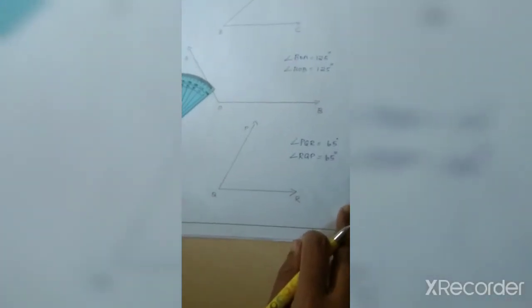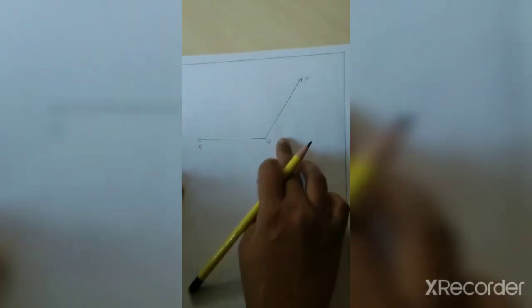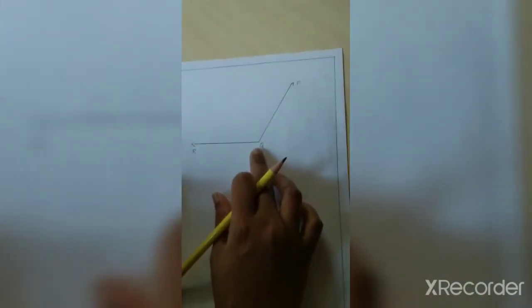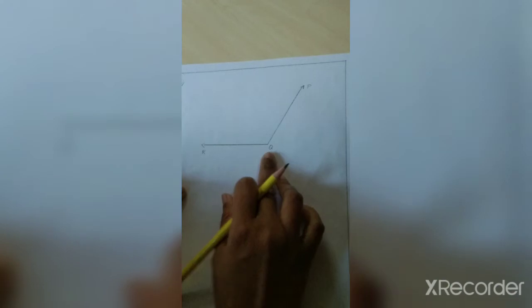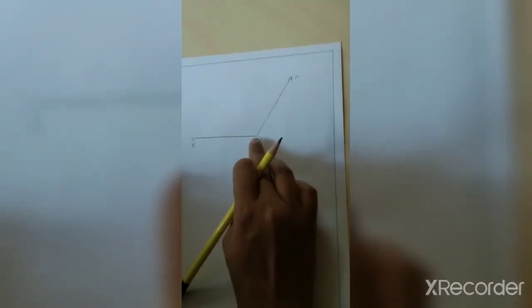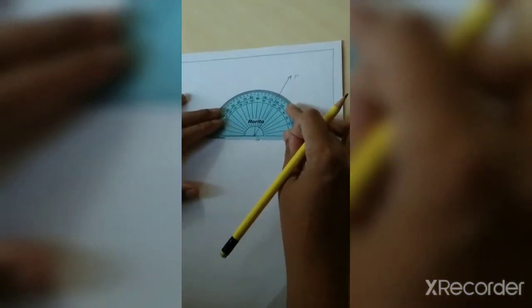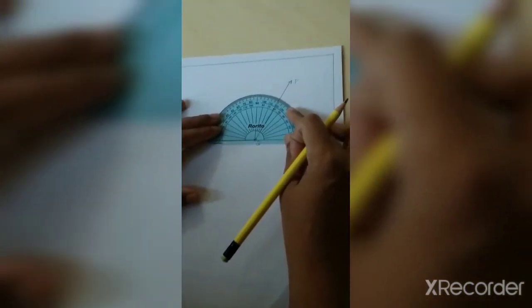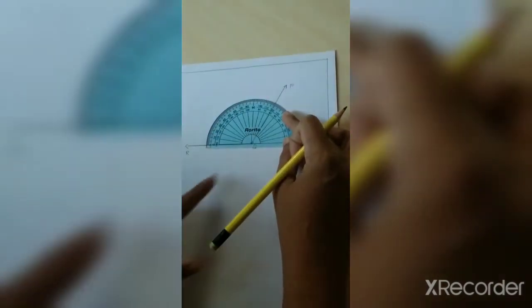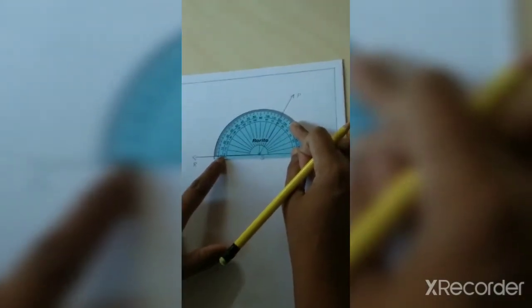Clear, children? We have to measure this angle. Which is the vertex? Q is the vertex. These two rays are meeting at Q, so we have to place this midpoint at Q like this. Where is the straight edge of the protractor?